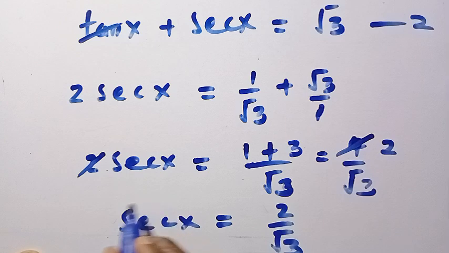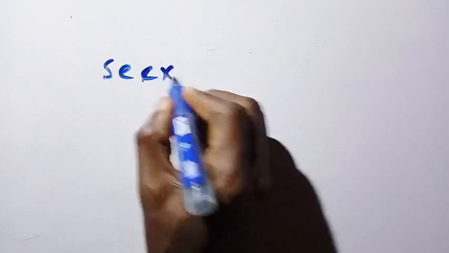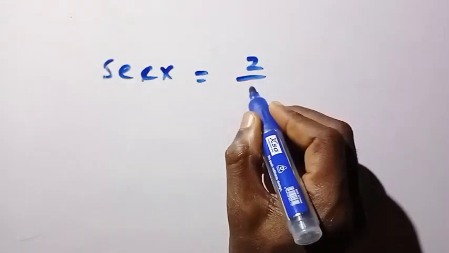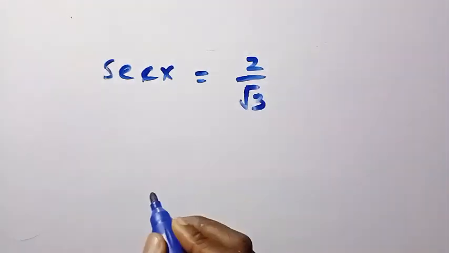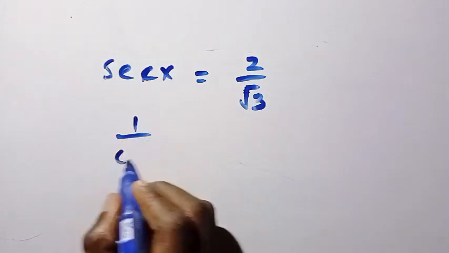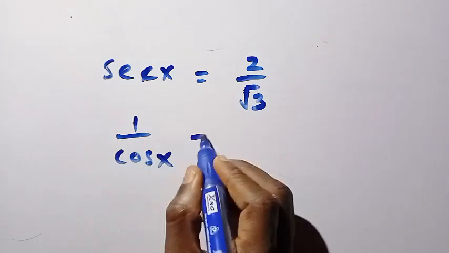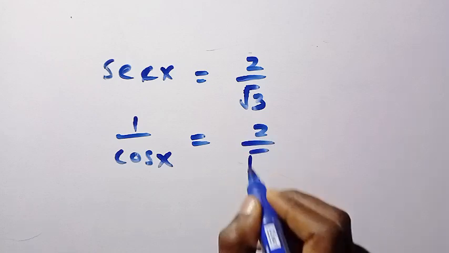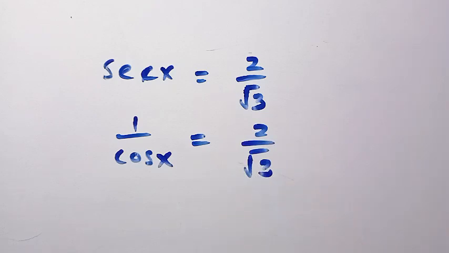So we have sec x equals 2 divided by root 3. Note that sec x is given as 1 divided by cos x, which equals 2 divided by root 3.